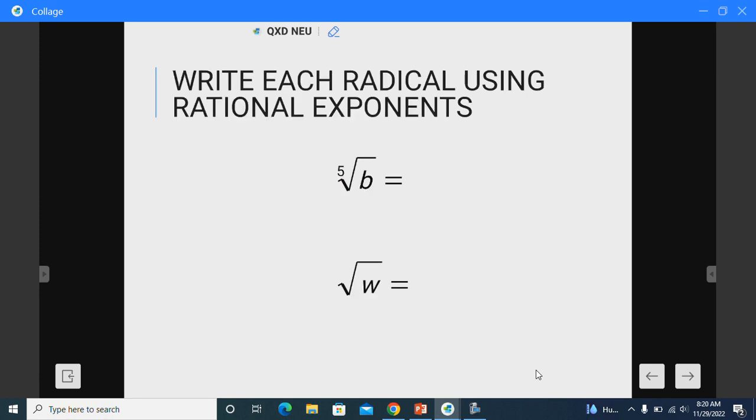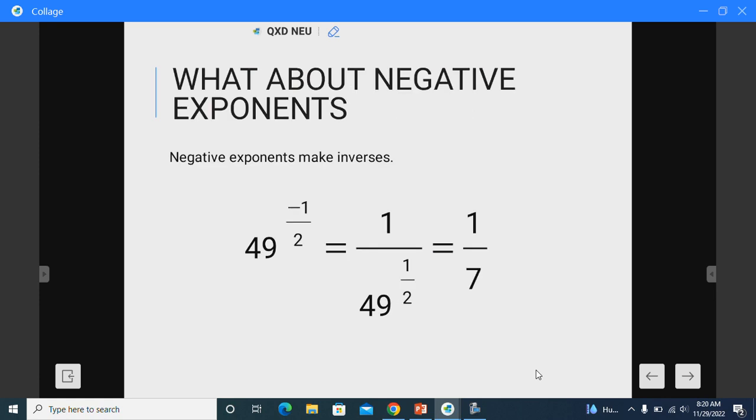How about this one? Write each radical using rational exponents. That should be b to the power of 1/5, and the square root of 1 to the power of 1/2. Negative exponents make an inverse.